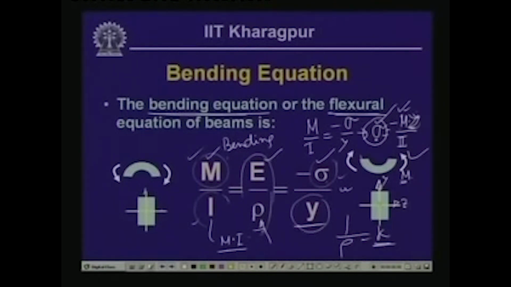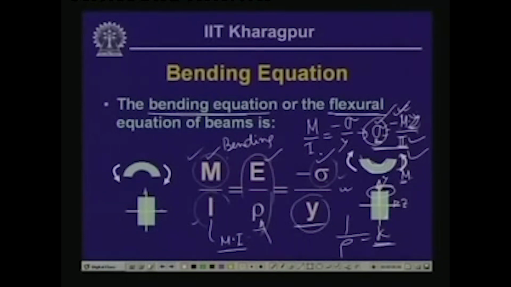So, at the upward point, at the extreme point, we have a stress which is negative, and as you can see physically, because of this kind of bending, the top fiber undergoes a compression. So, negative means compressive stress. Taking M as positive and y negative on the bottom side, the stress becomes positive, which corresponds to the stress at the bottom fiber.